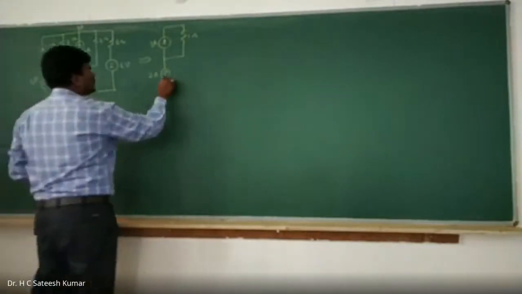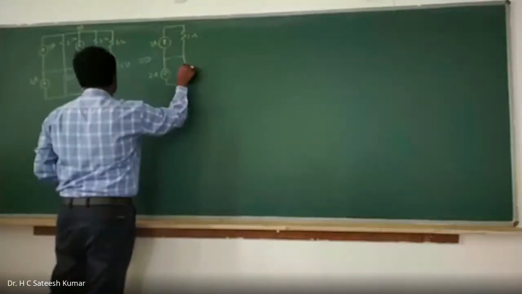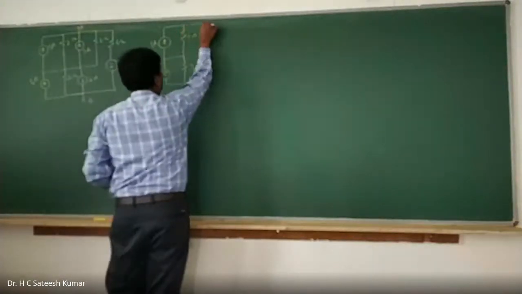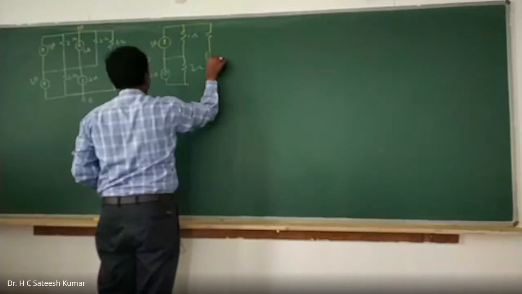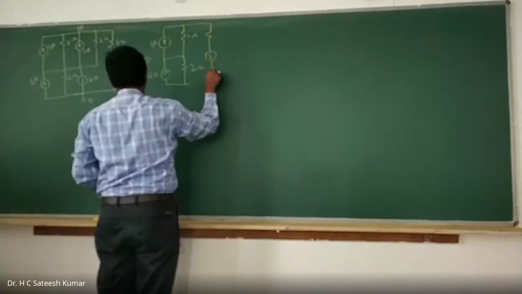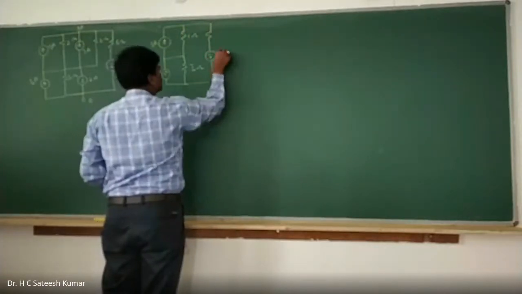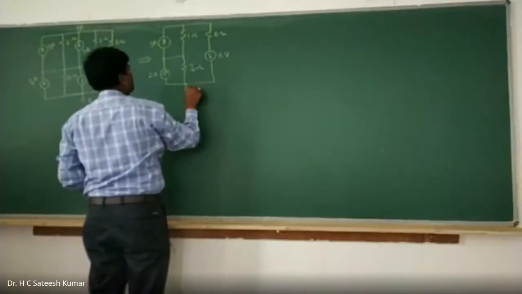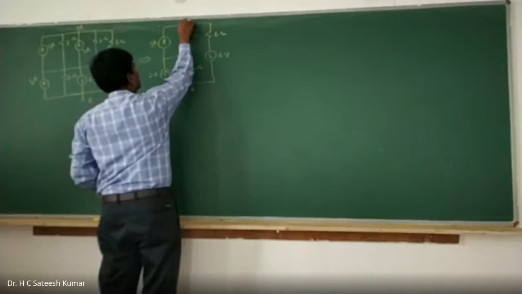So 2 amps will be there. This resistance as it is, you write it. So 3 ohms we have, and the voltage source you write as it is. Minus plus, this is 6 volts, and this is 6 ohms. And this will be B, this will be A.